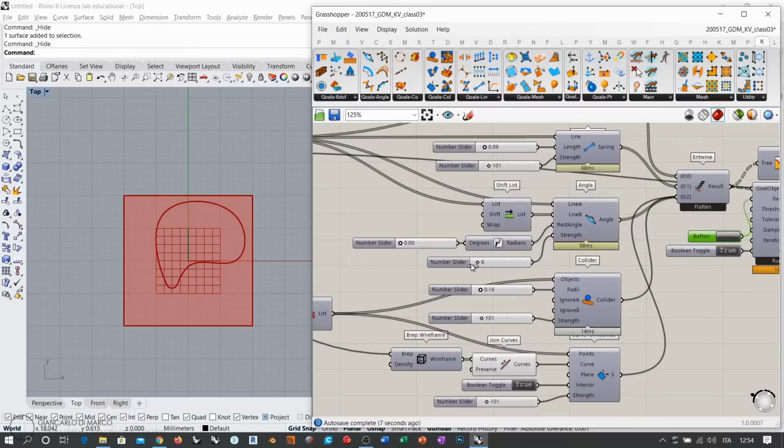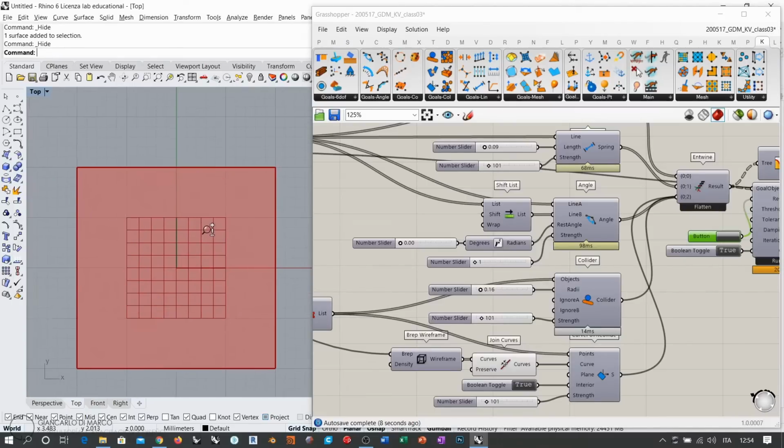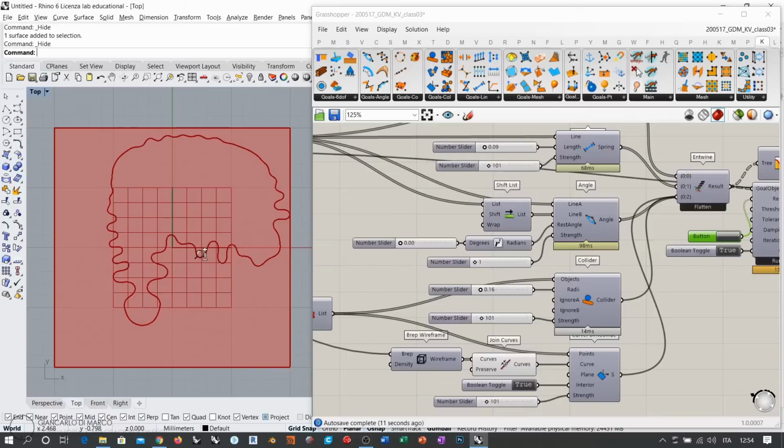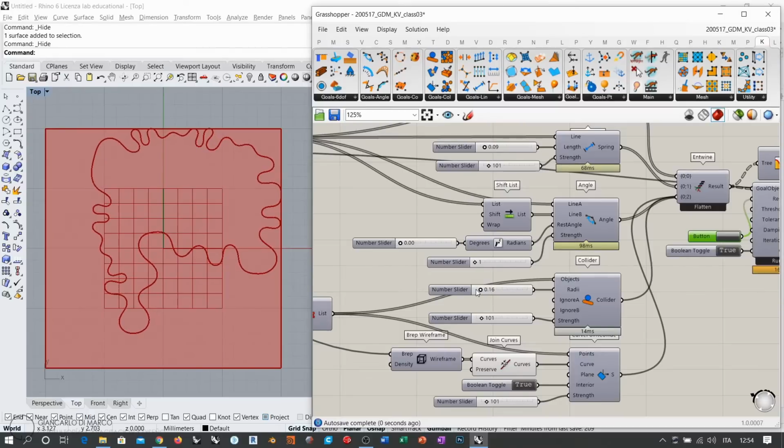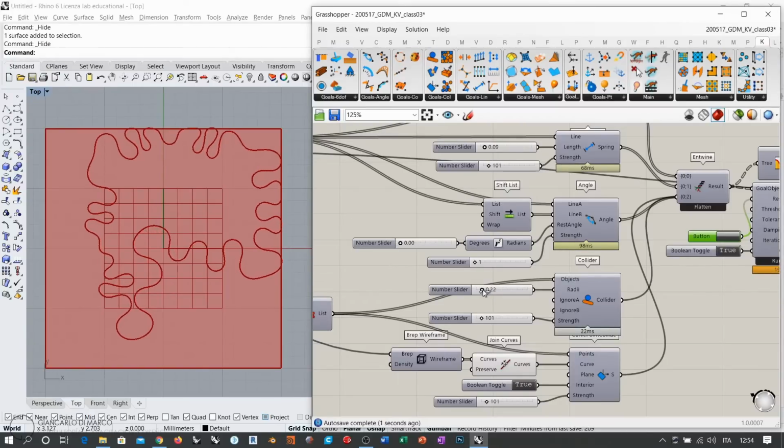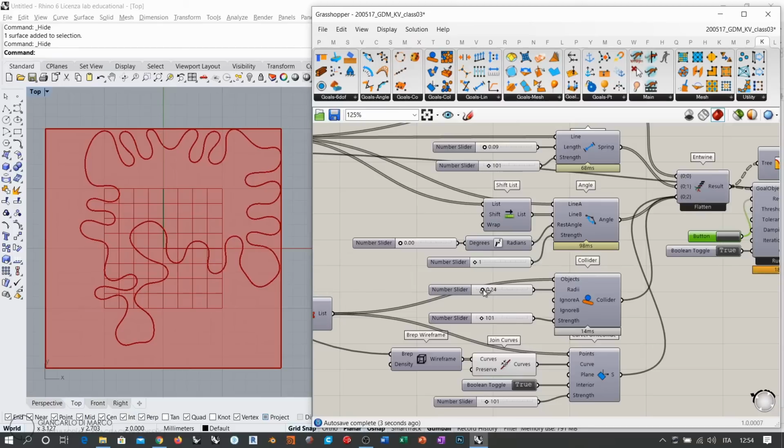Also, don't give too much strength to this value, else it will avoid or contrast the expansion of the curve initially. So once you start having something like this, well, you can start increasing also the angle, but I do recommend that the collision in this case should be higher.